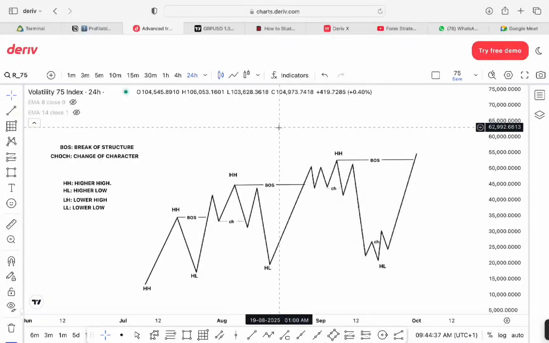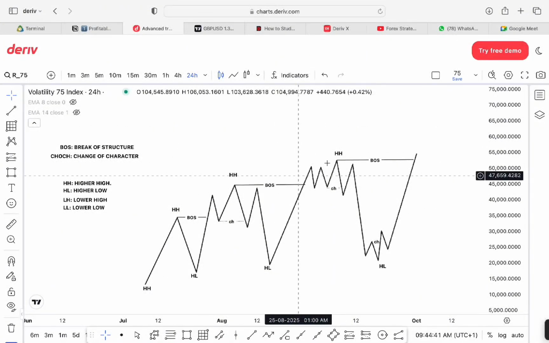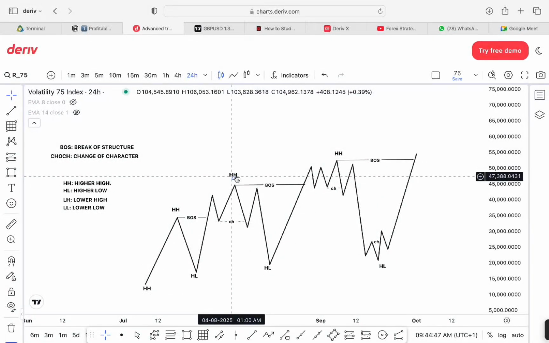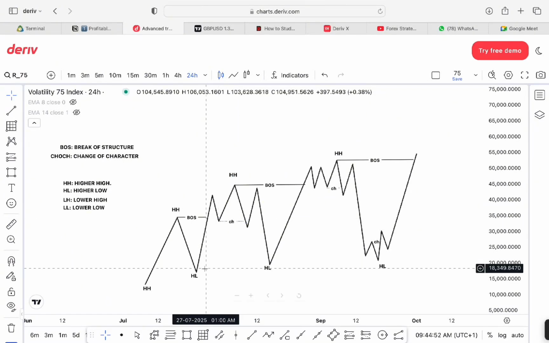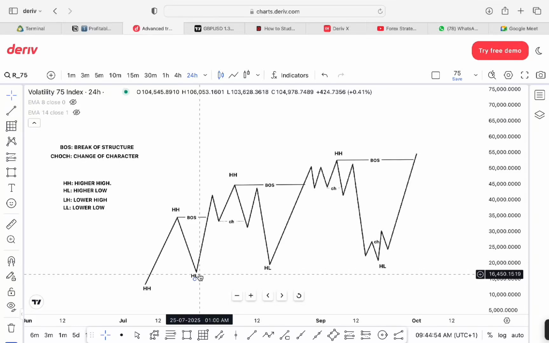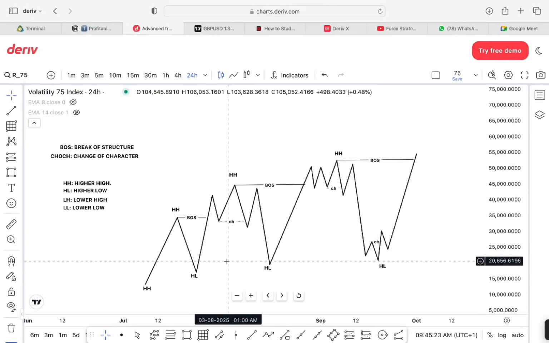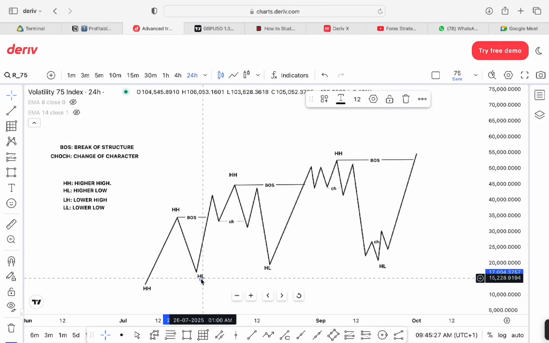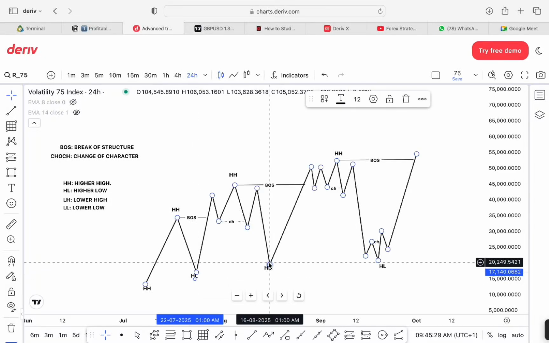So that is why we say higher high. And on to the next, we also see that this current high is higher than the previous high. And for the higher lows, each new low stays above the previous low. Here we have this low, higher low, and we have the next one, higher low.